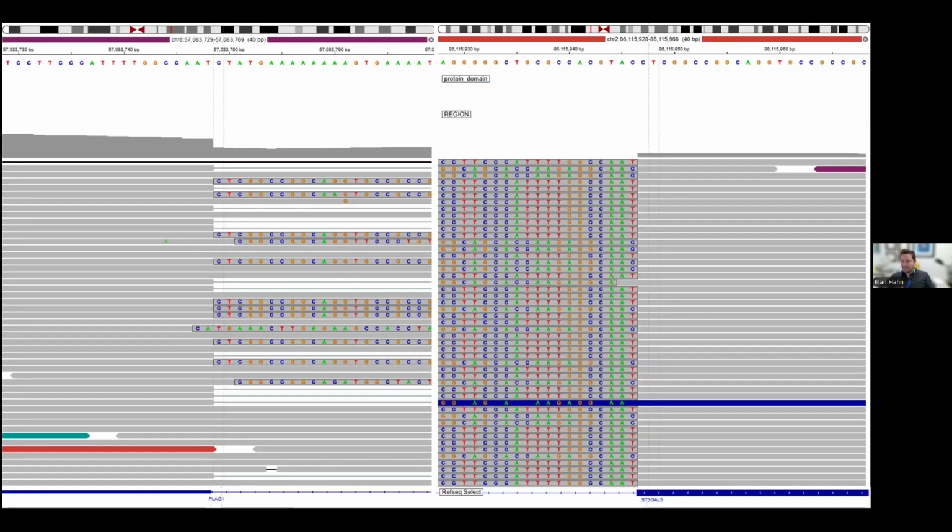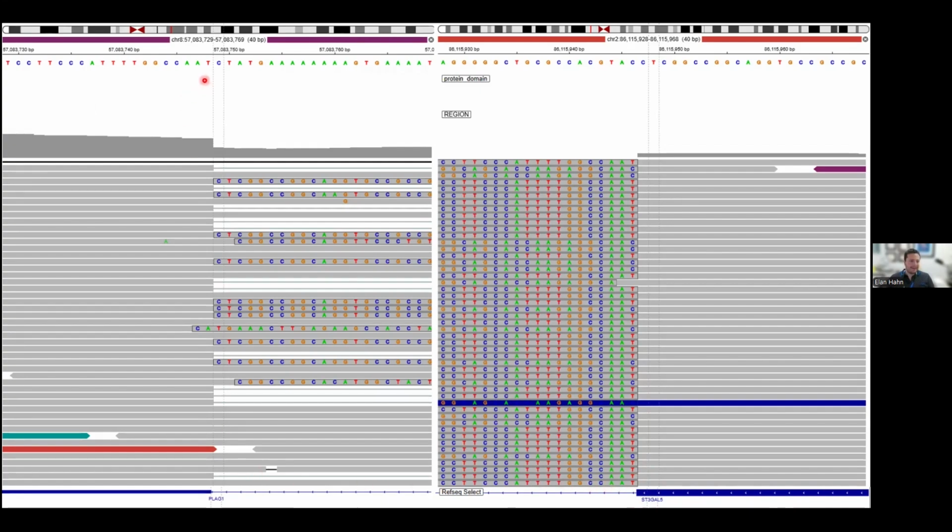So this is again an IGV look at what a fusion would look like in IGV. So this is ST3GAL5, and this is what was called as the fusion partner for PLAG1. As you can see, we end right at the exon, and then we pick up with TAA, CC, GG.